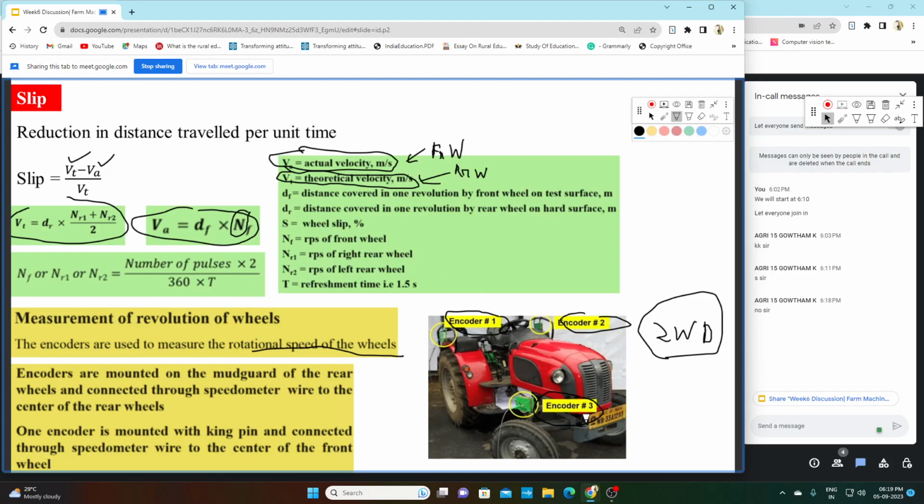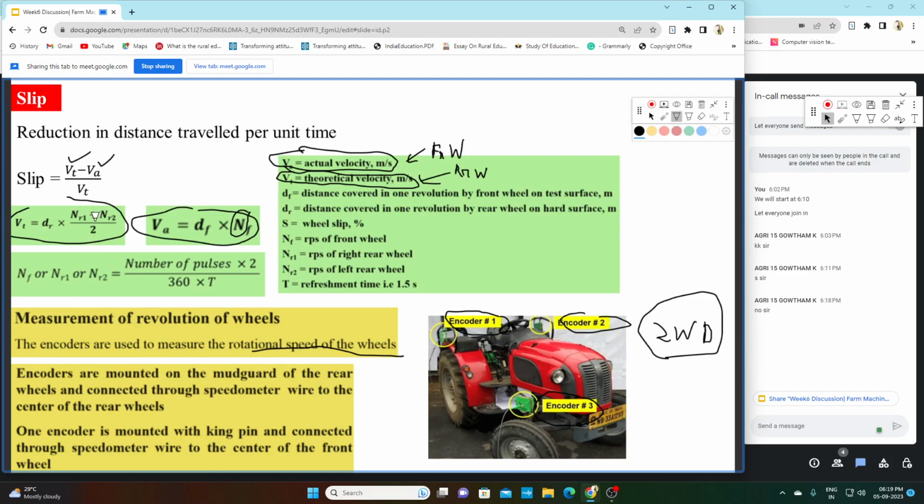As we are using one encoder for the front wheel, our actual velocity will be equal to the diameter of the front wheel into nf, that is the rps of the front wheel. But as we are using two encoders for the rear wheels, we are averaging the rps measured by the two rear wheels.